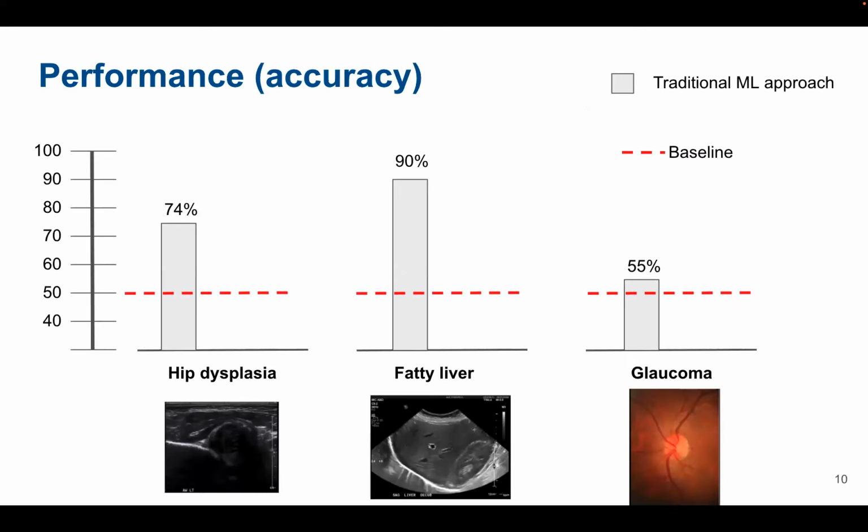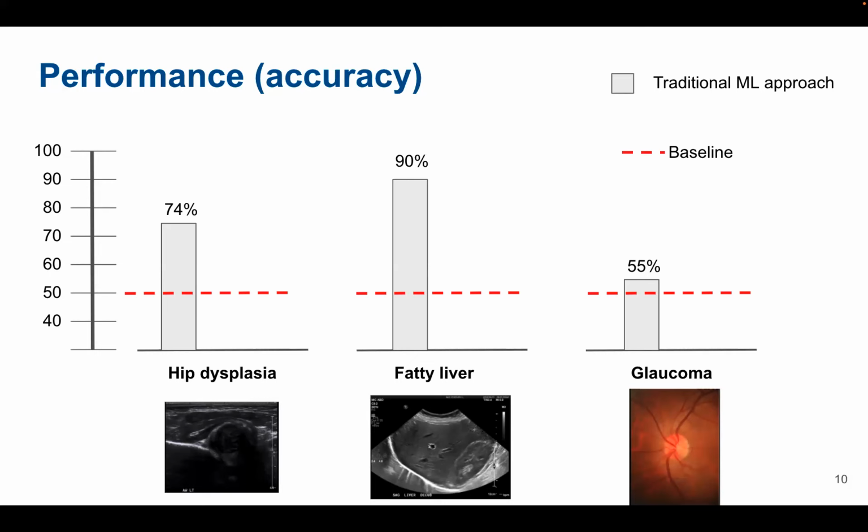And this is the answer that we got. For example, in the case of hip dysplasia, it was 74%, fatty liver, it was 90%, glaucoma, it was 55%. So one worked relatively well, the other one did nothing, it is garbage, the one in glaucoma. And the one in hip dysplasia, 75 is neither the best nor the worst.